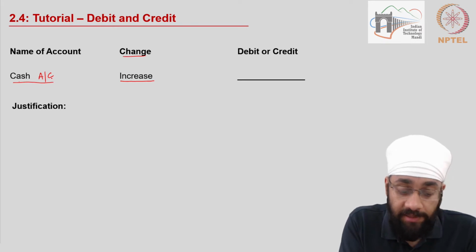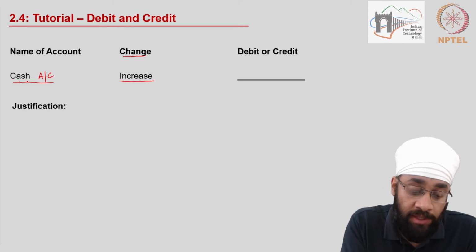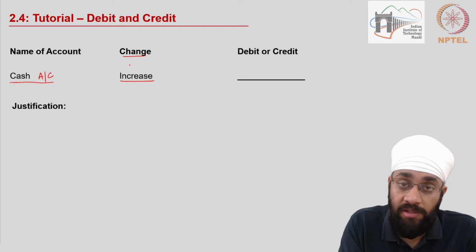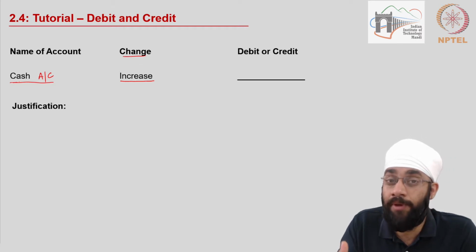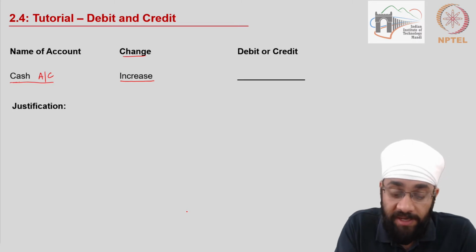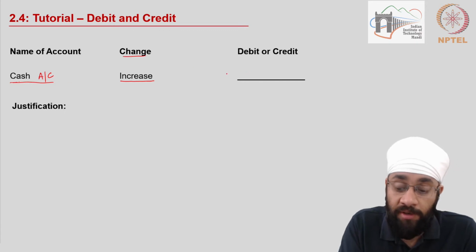The slide is telling us that due to a transaction, the cash account in the business has experienced an increase, meaning more cash has come into your hand. Now you have to respond by saying whether the cash account should be debit or credit.